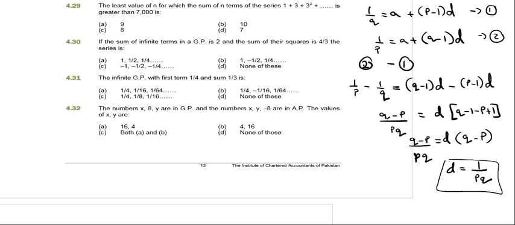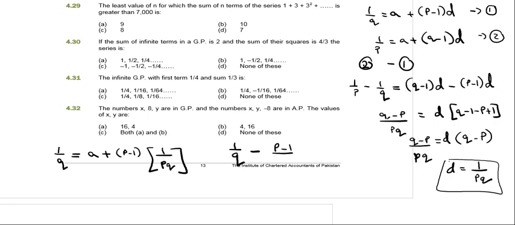Finding a in terms of p and q, we can pick any equation, let's say equation number 1. Our equation number 1 will be 1 over q is equal to a plus p minus 1, and we now know our d is 1 divided by p into q. Now if we bring everything on the left hand side except a, this will be 1 over q minus p minus 1 over pq is equal to a.